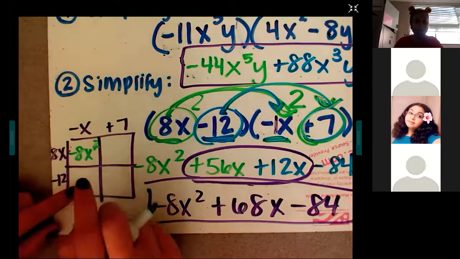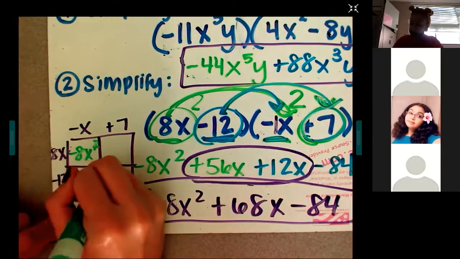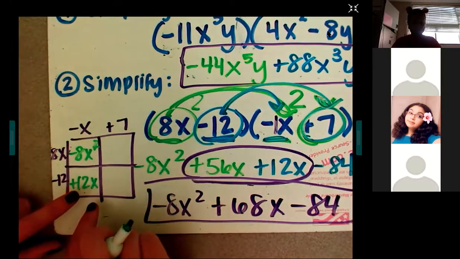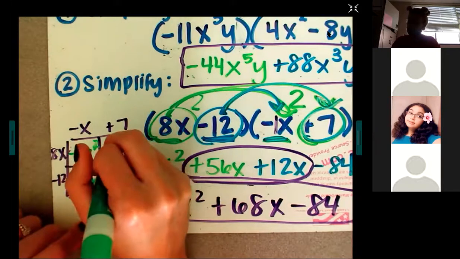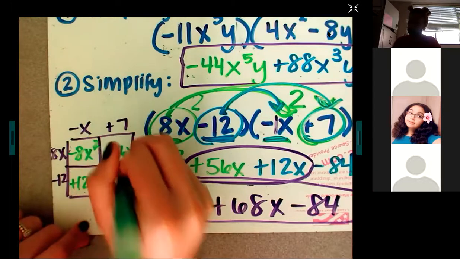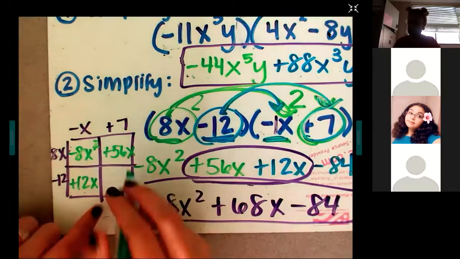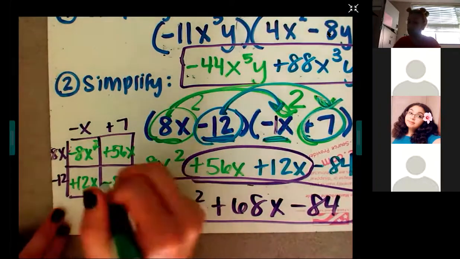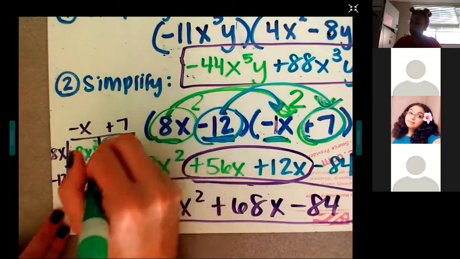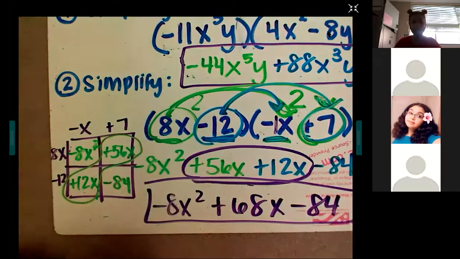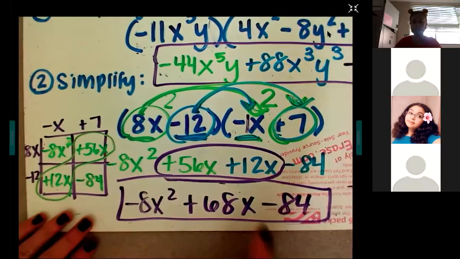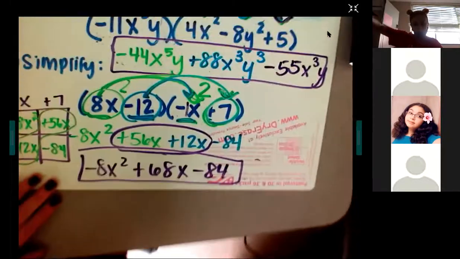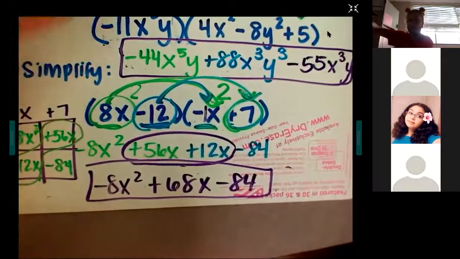Down here would be positive 12x because the negative times the negative cancels, right? 8x times 7 is positive 56x. And then negative 12 times 7 is negative 84. And so you end up getting the same thing because you can combine these. 56x plus 12x does give you 68. So no matter which way you do it, this is your answer you should get.